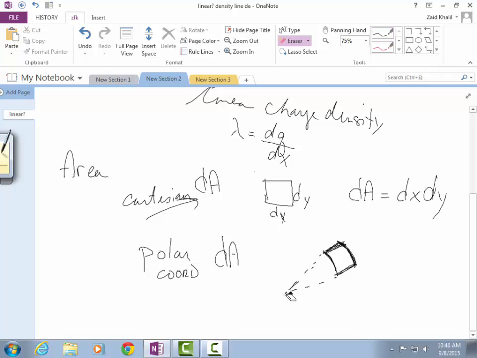Let me exaggerate this a little bit more so you really understand. So that's R away. What is this increment? Very good. This is dr, the increment in the radial direction.